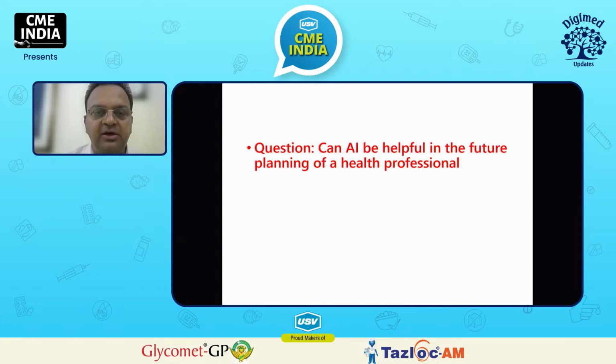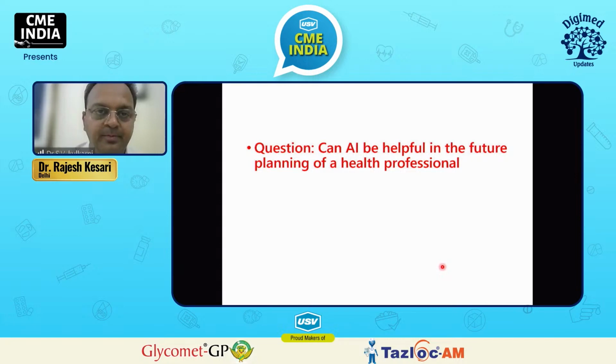So how can we leverage it to our maximum advantage, and how can our coming generations leverage it to their maximum advantage? So the next question: can AI or these technologies be useful in planning the future career of, let's say, our upcoming young doctors?